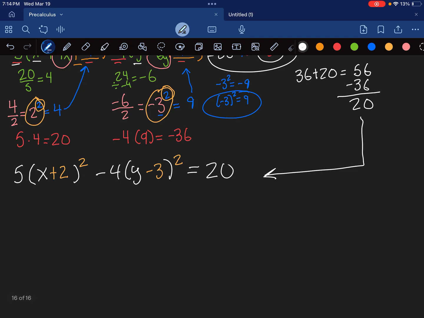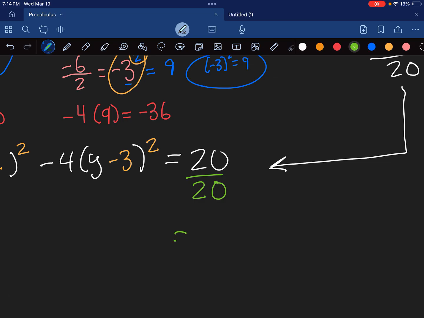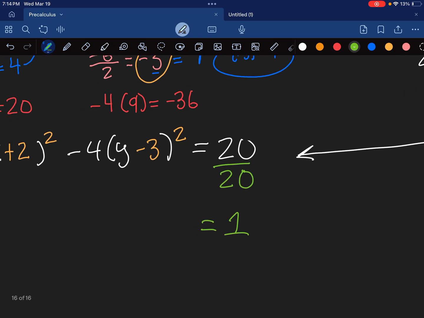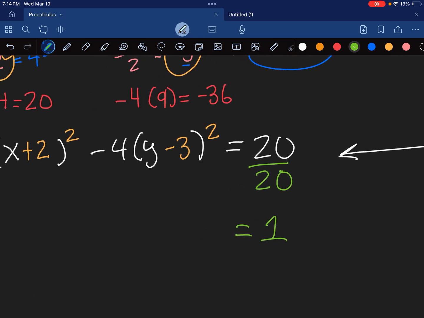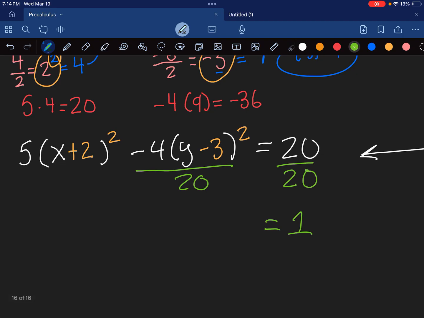First thing that we want to do is divide this 20 by itself. And we know that a number divided by itself is just equal to 1. But what we do on one side, we want to do to the other side, right? So we're also going to divide by 20 here.